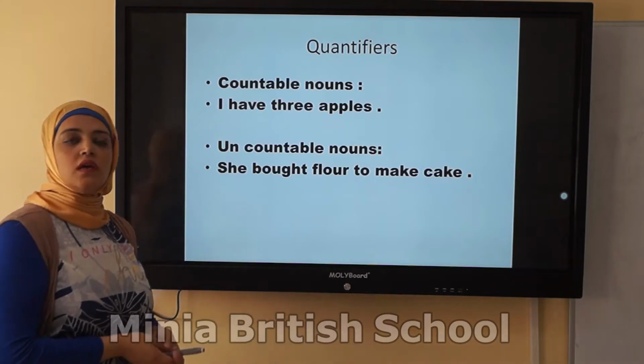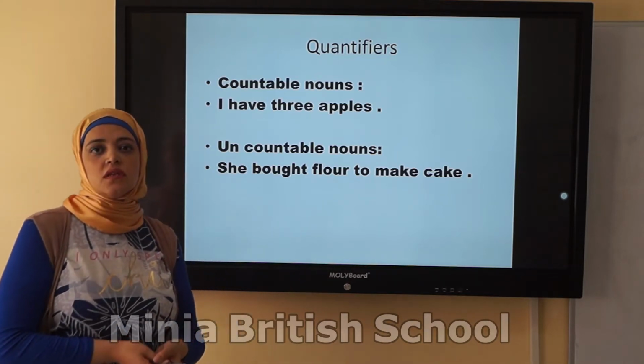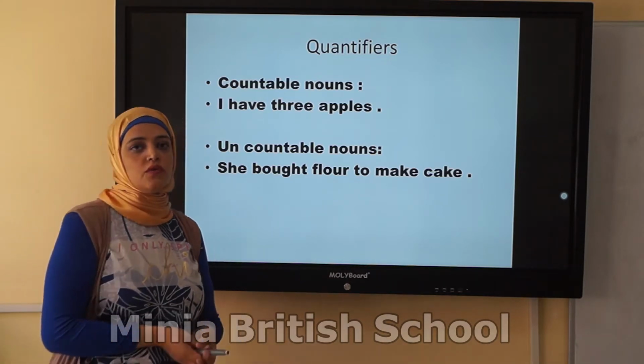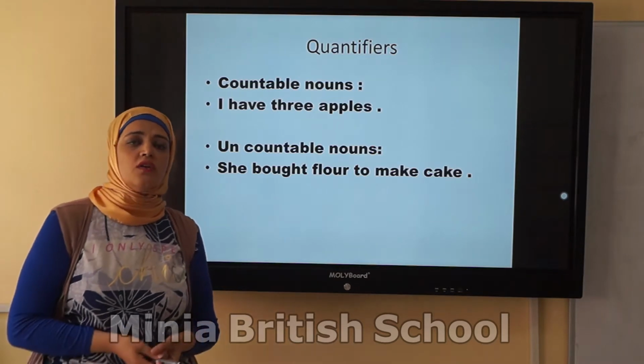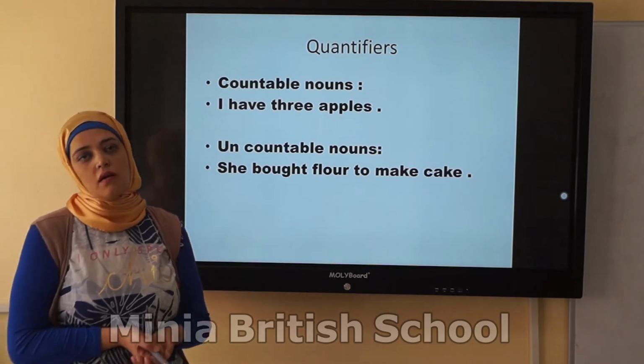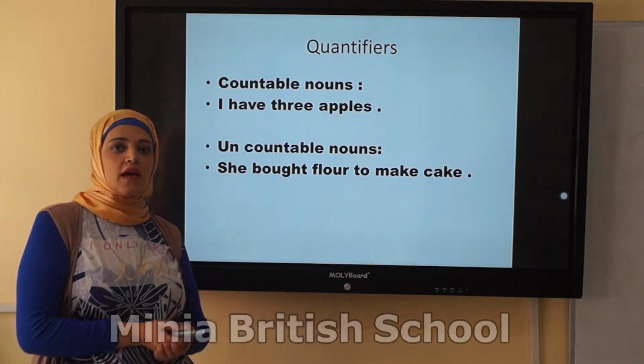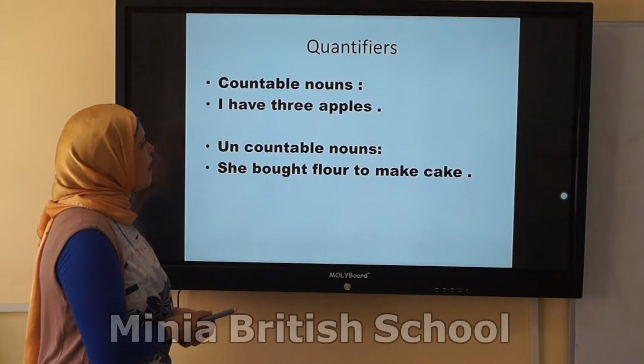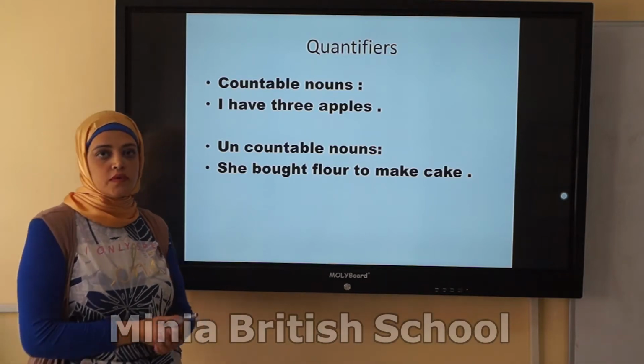Before we start talking about the kinds of quantifiers we can use before nouns, we should first know what countable nouns and uncountable nouns are. Countable nouns, we have an example here. I have 3 apples.